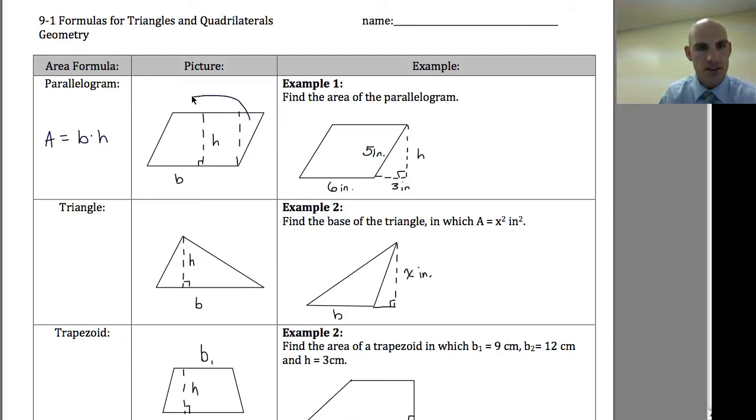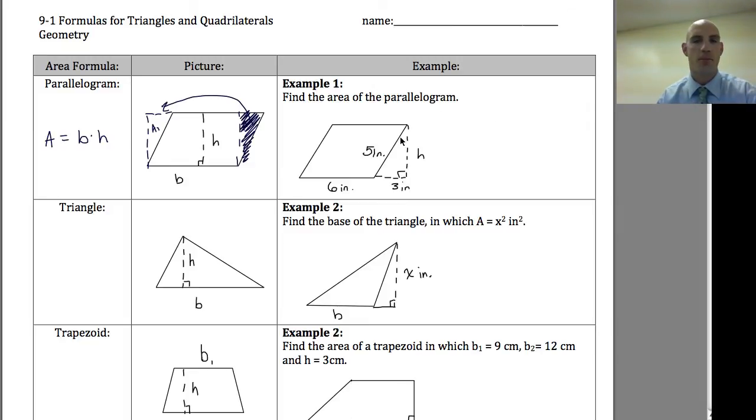Because if I took this piece over here and I put it in, you'll notice that this area here and this area here are the same. And so if I take this triangle over here, basically what I've formed is a rectangle. So this would go away, and what I'd be left with is a rectangle. It's the same area, it's just been translated over.